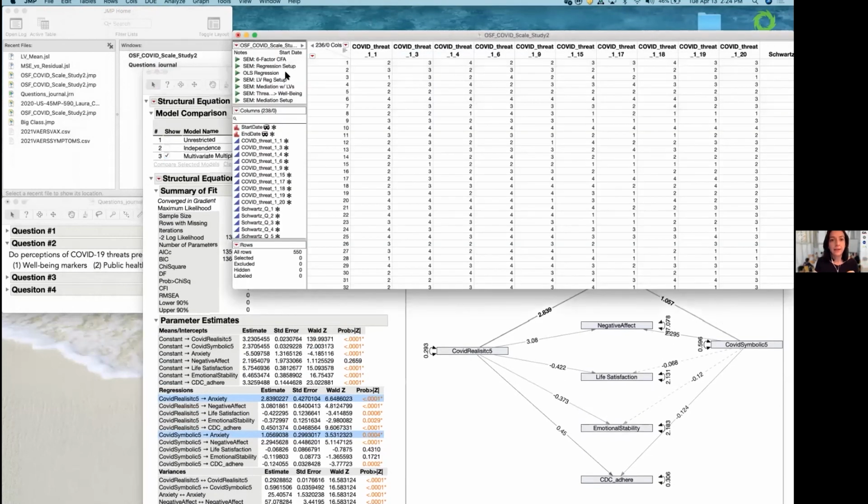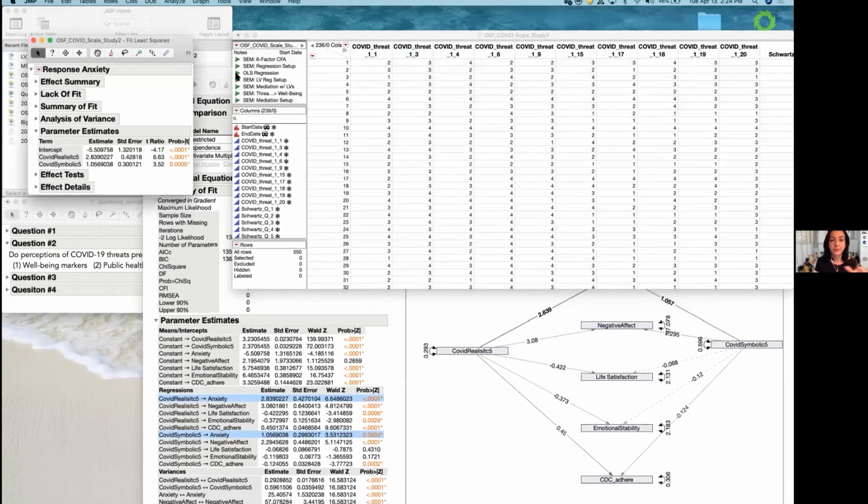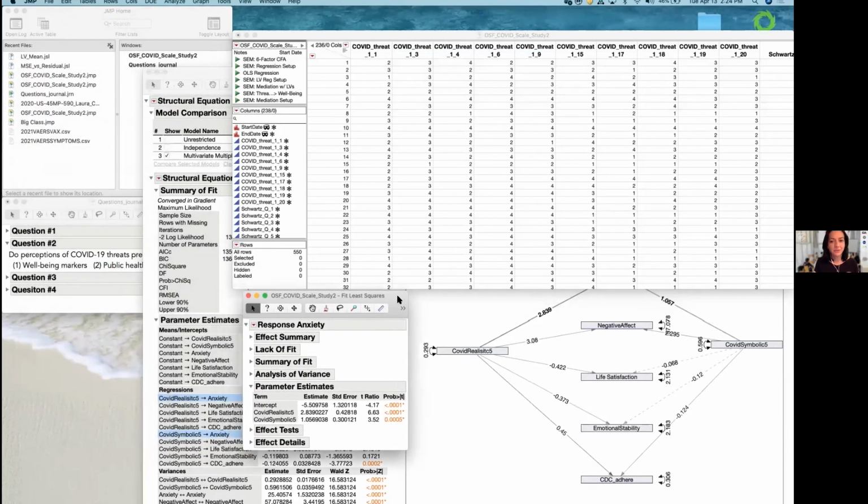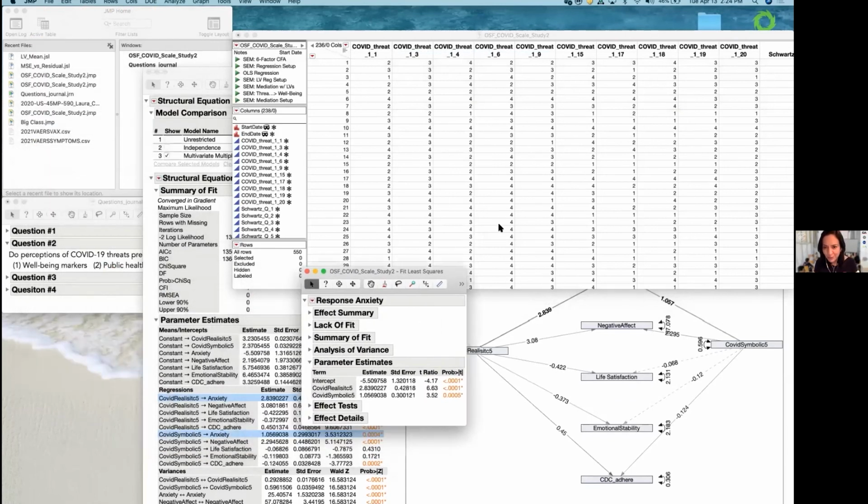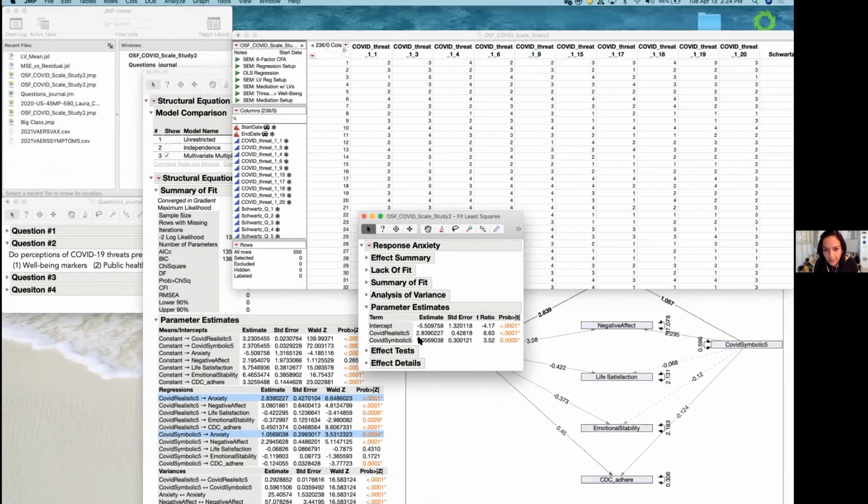What I want to show you is to contrast these results with an actual regression that I fit with just ordinary least squares. I have the results right here, and I'm going to put them right next to the diagram so you can see. The coefficients here are 2.84 and 1.05, the same coefficients as in the SEM model. The intercept is also the same.